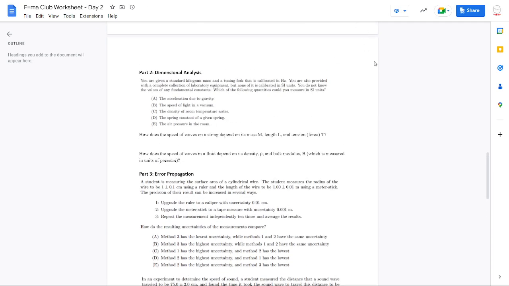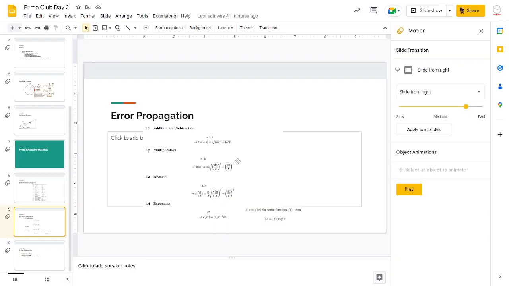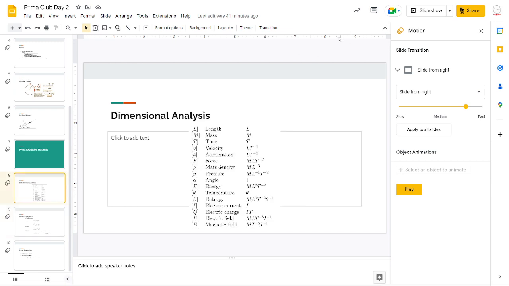How does the speed of waves in a fluid depend on its density rho and its bulk modulus B, which is measured in units of pressure? So let's first go back to our handy dimensional analysis chart. We need to write down our density and our pressure.